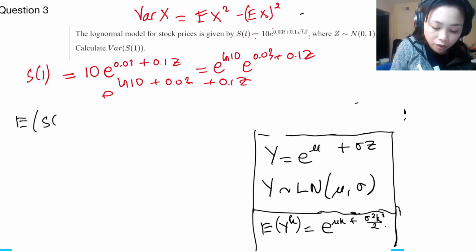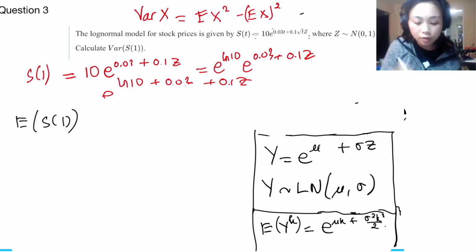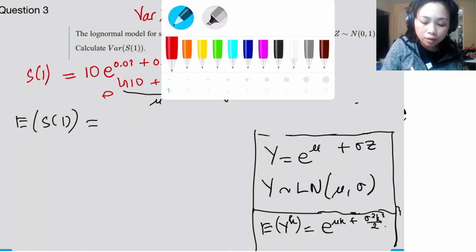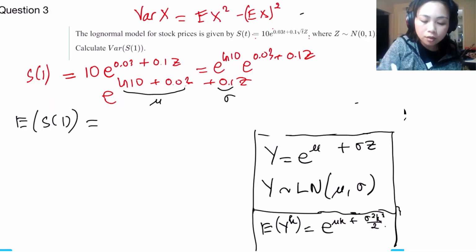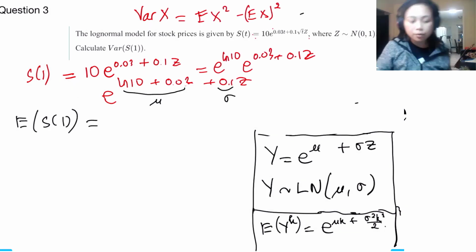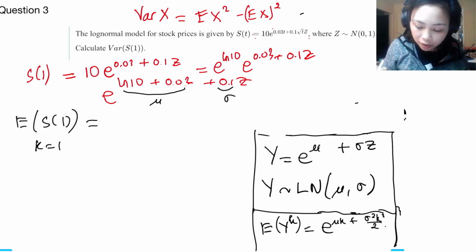E of S1 is equal to e to the mu times k, and mu here is natural log of 10 plus 0.03, that is mu, times k, which is just times 1, plus sigma, which is 0.1 squared, times k, which is 1 squared, over 2. And that is E of S1, and the answer of it is, let me see, give me 1 second, okay?